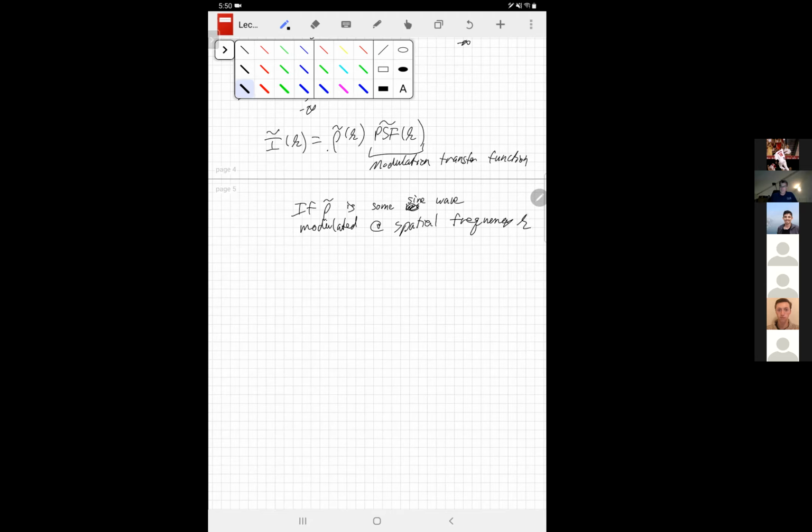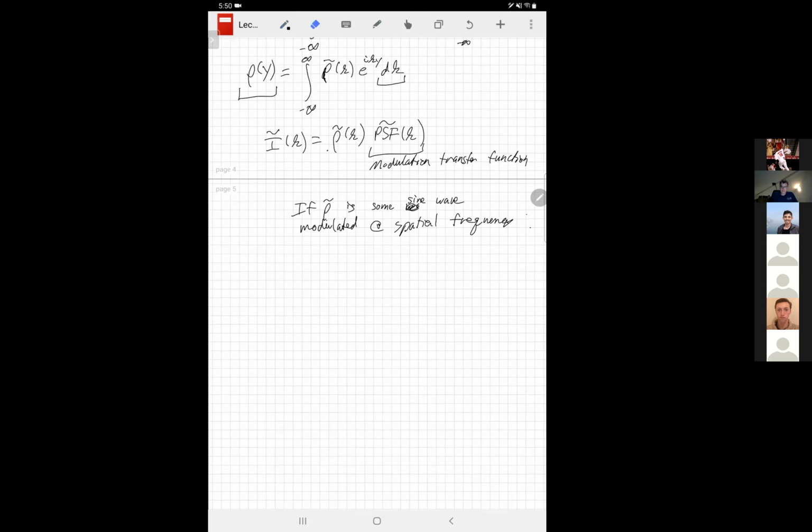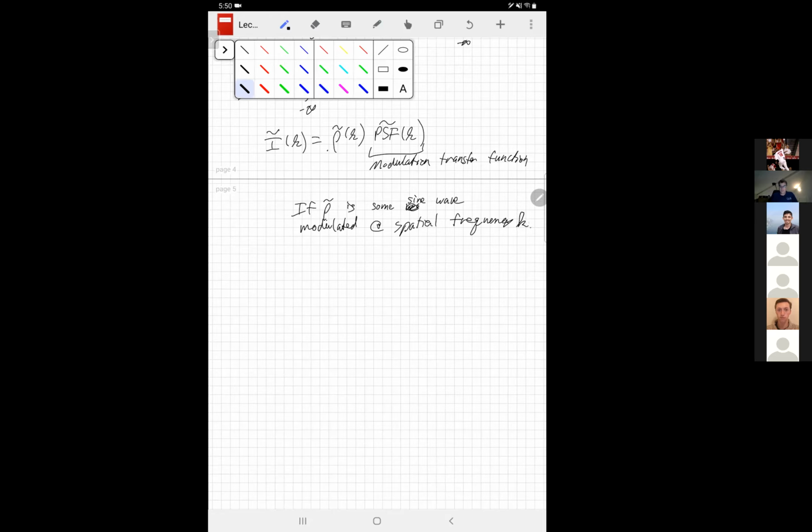frequency k, and you may be thinking, wait, spatial frequency, we're used to thinking of frequency as the number of cycles per second. Well, sure, that's the most common definition of frequency, the number of cycles per second. But once you get down to periodic functions, a periodic function is something that repeats.